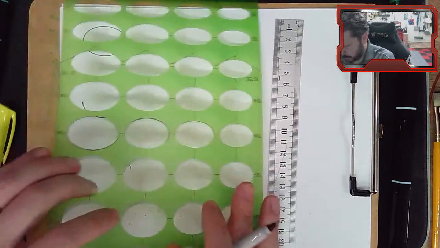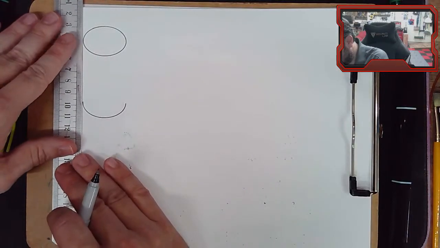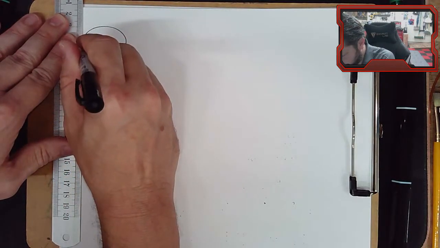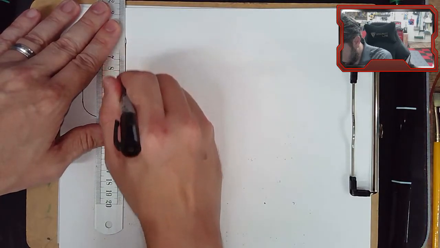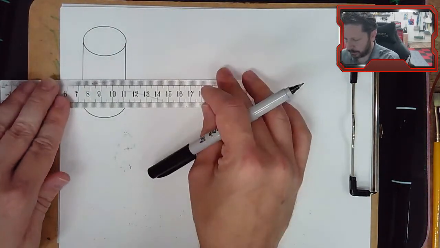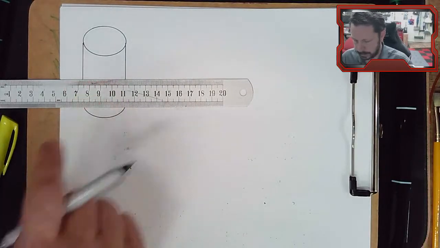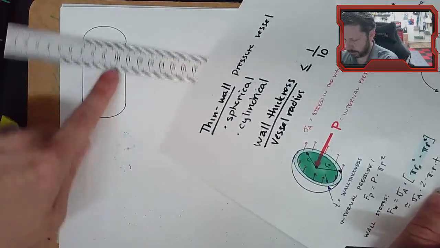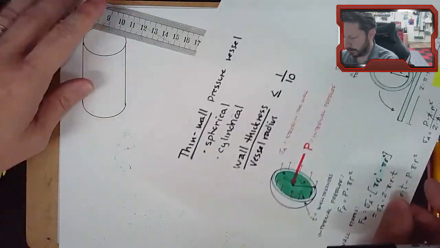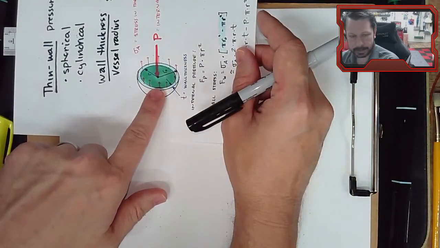So here's a potential cylindrical pressure vessel. And we could cut it through here somewhere, rotate that, and it would basically create this free body diagram with something like that on the bottom of it. But it would create the same exact free body diagram.